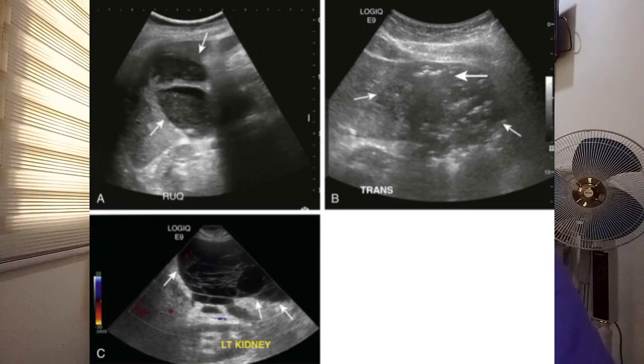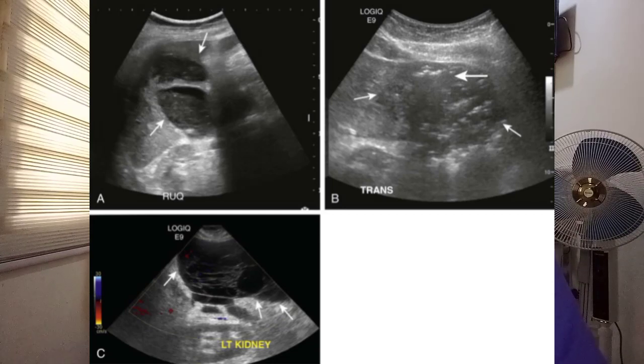And this is an example of abscess, different ways they can appear. So image A is at the right upper quadrant, abscess in the right upper quadrant.